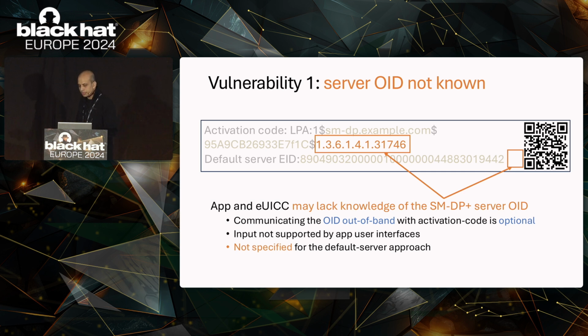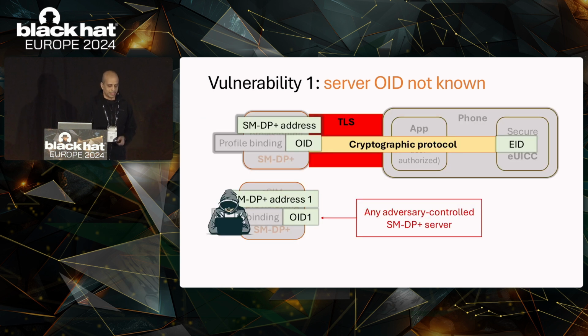So without this OID, as a client or as a phone, when we start scanning to download the SIM card, it only has the TLS endpoint, but it does not know the actual SMDP server address from where to download. So what can happen here?